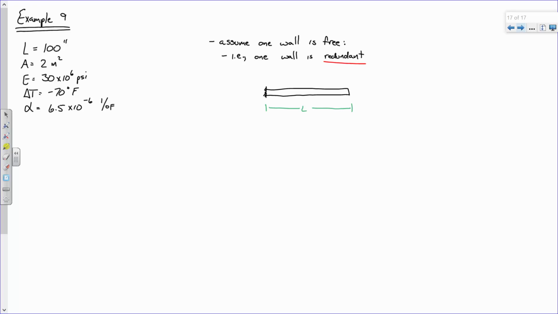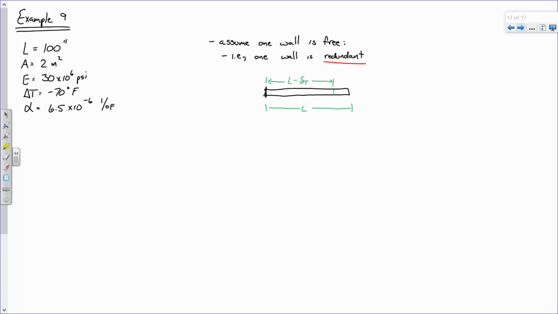Let's take Mr. Freeze's gun and let's shoot the bar. What happens to it? It's going to get shorter, right? Make sense? So that's the bar before the thermal load. After the thermal load, that bar is going to be about right here. And I propose that that length is L minus whatever that thermal deformation is.